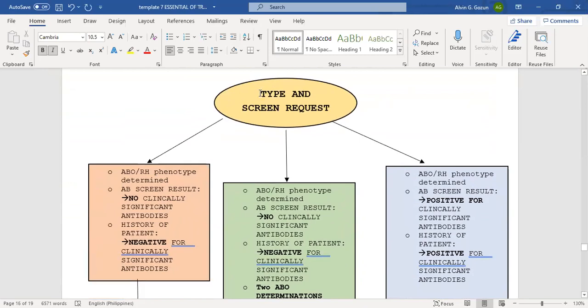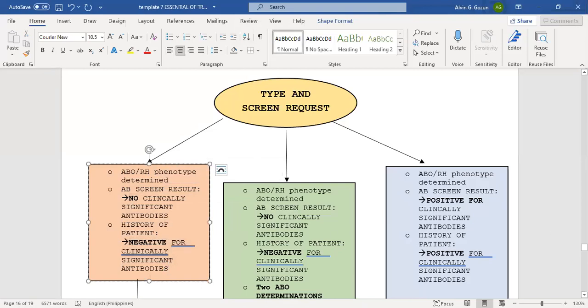So, meron daw tayong type and screen request. Anong ibig sabihin ng type and screen request? May blood typing request and antibody screening request. So, ang ginawa, dinetermine daw natin yung ABO and RH phenotype or yung blood type ng patient. Next, sa antibody screening, ang result, there are no clinically significant antibodies and the history of patient, negative naman daw siya for clinically significant antibodies.